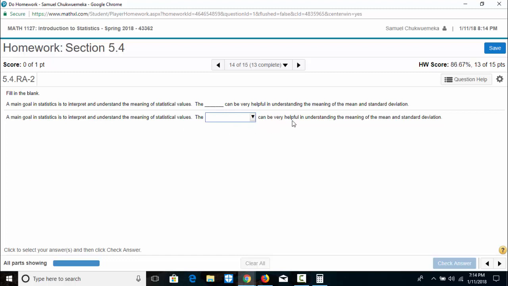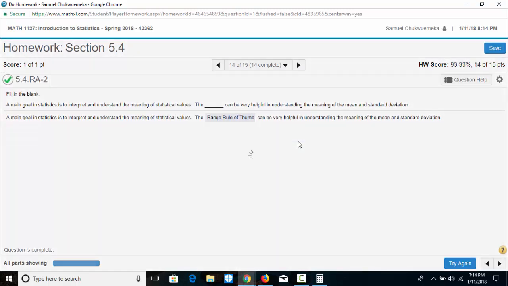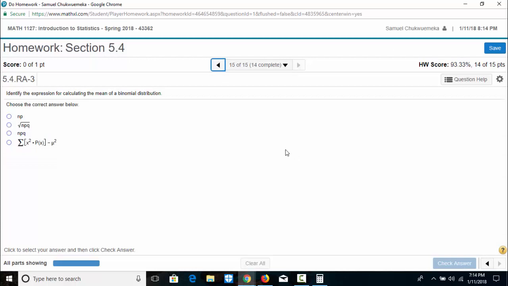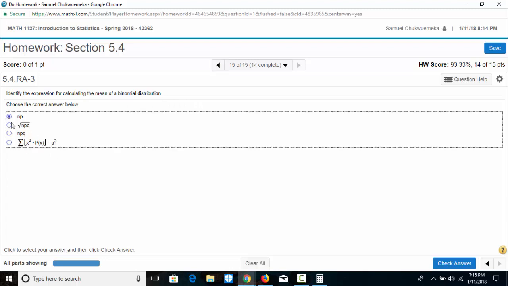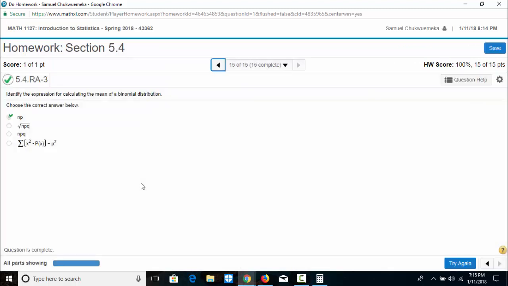The range rule of thumb can be very helpful in understanding the meaning of the mean and standard deviation, because it gives us the minimum and maximum usual values. The mean of a binomial distribution is just n times p. If you look at the formulas, you see these.